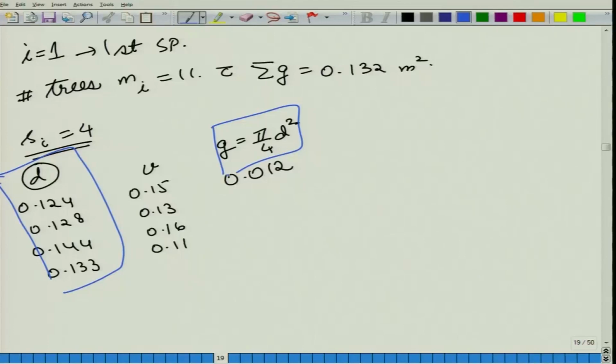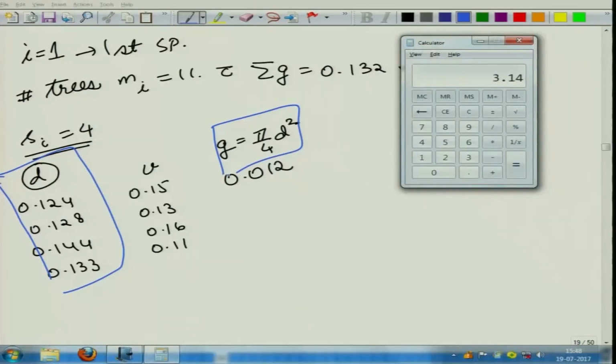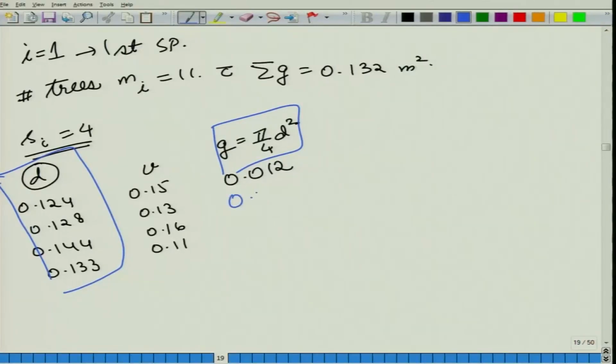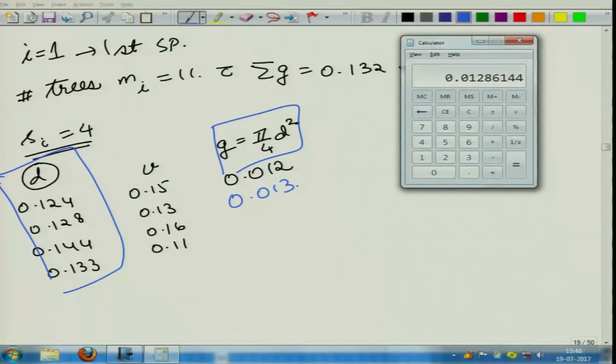For the second one, you have 3.14 by 4 into 0.128 into 0.128, which is 0.013. For the third one, we have 3.14 by 4 into 0.144 into 0.144, that is 0.016.